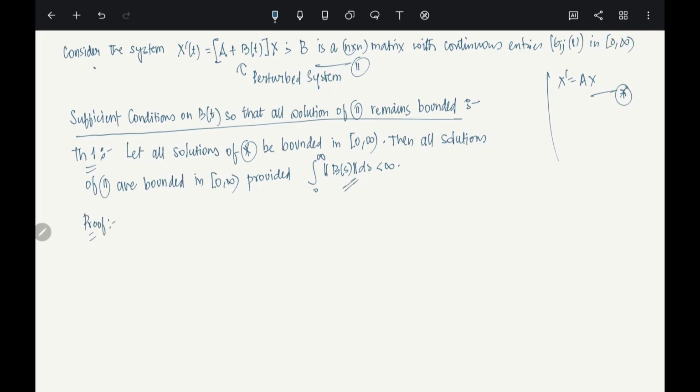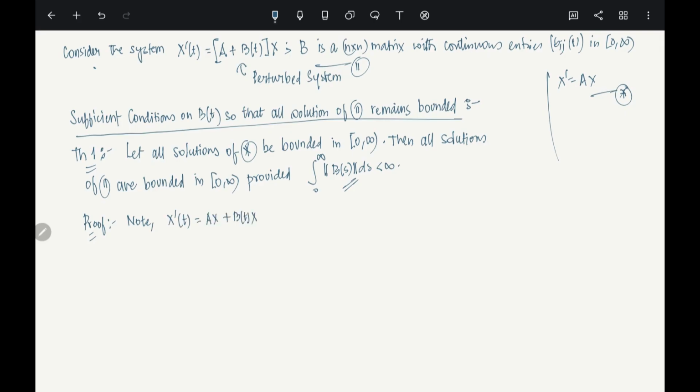What is the proof? Let's see this perturbed equation. Note x prime of t, if you want to write it properly, is Ax plus B(t) times x.